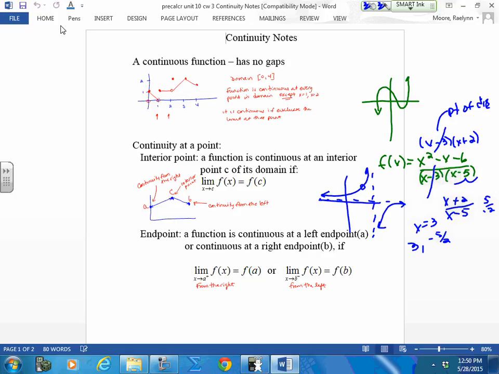Well, today, we're going to address your point of discontinuity, as well as your points that exist in your graph, but we're going to address it with a limit. So instead of writing it like this, we're going to say the limit as x approaches 3. I can't plug a 3 in here, because 3 minus 3 would give me 0.